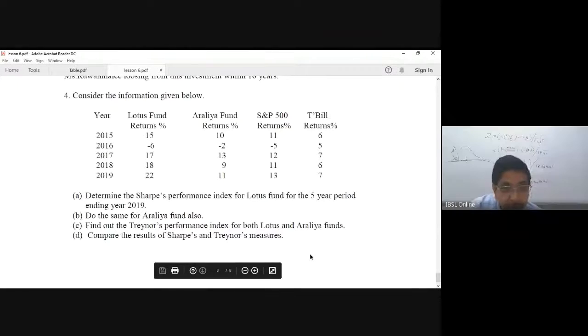Now I will go into the Lotus fund returns, and 13.2 was the arithmetic mean for that.